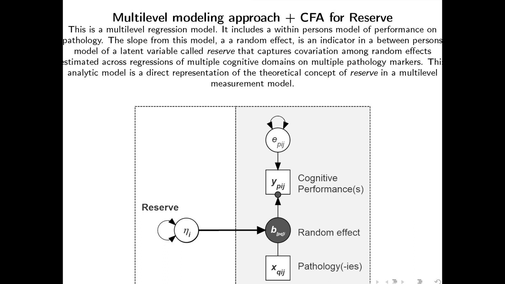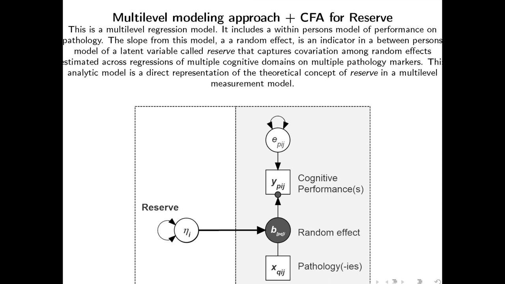Although my reserve variable is going to be a latent variable and it's going to have reflective indicators, and those reflective indicators are going to be random effects from regressions of cognitive performance on brain pathology measures. And so this is kind of a longitudinal data analysis, because to do a random effects model, I would need repeated measures of cognition and repeated measures of brain pathology.